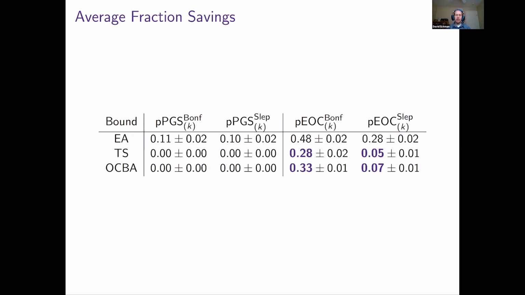So that's it. Right now, it's not something for nothing because we are spending time to exactly compute the posterior EOC, but we're going to figure out how to pick up those extra savings.